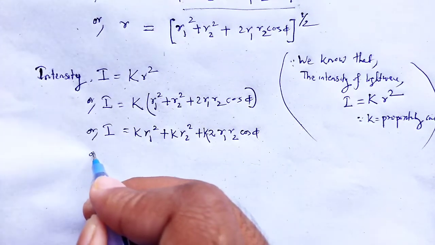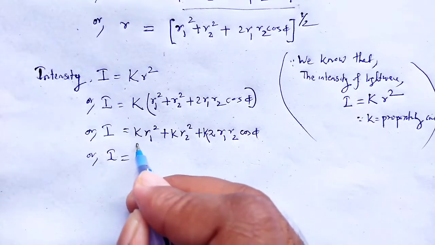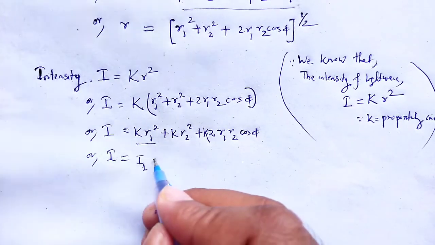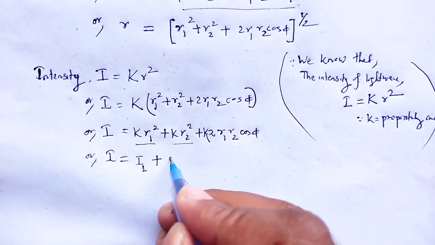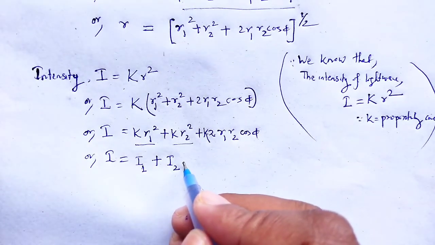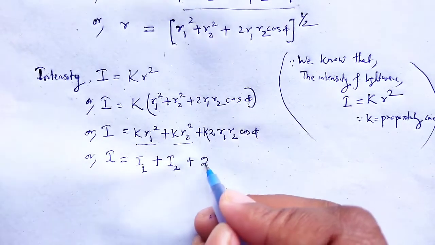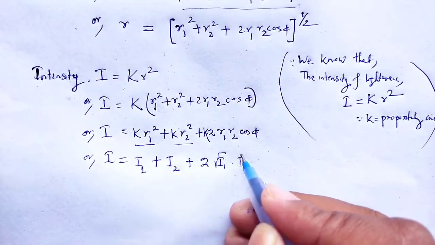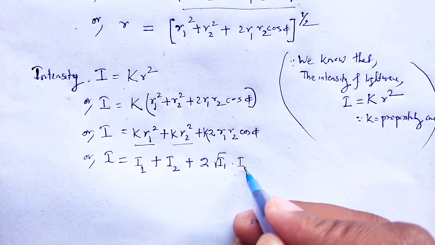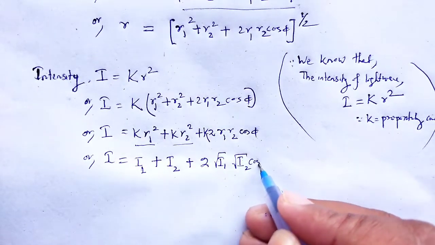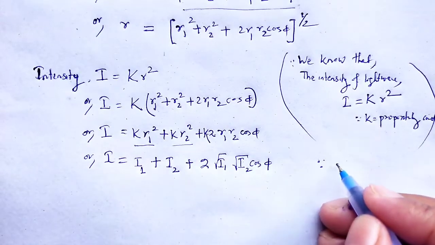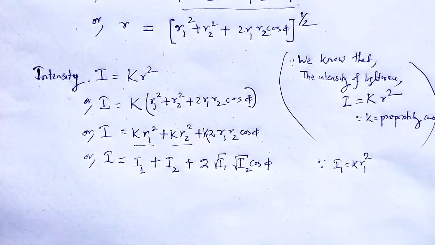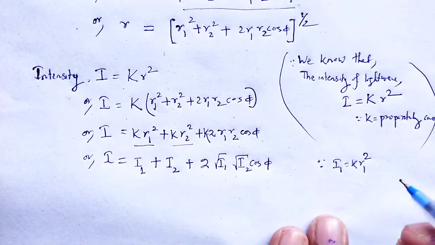Thus I is equal to k r1 square, that is I1, plus k r2 square, that is I2, plus 2 k r1 r2 cos phi, which is 2 times the square root of I1 times the square root of I2 times cos phi.